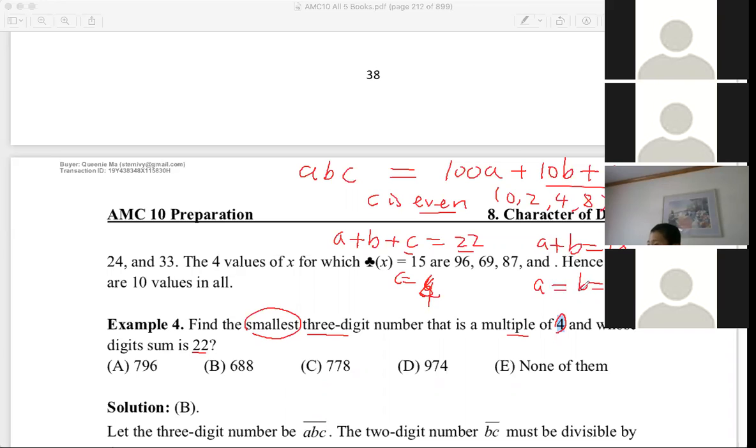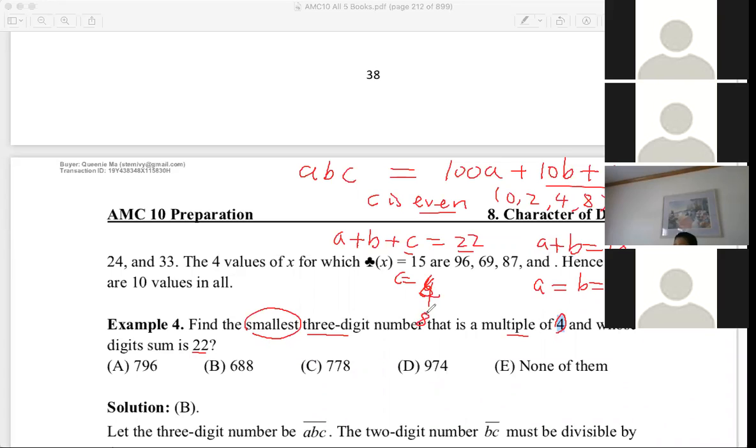Then that's only one choice, A and B equal 9. But then that number 994 does not satisfy the requirement. So now let's see, if C equals 8, C cannot be less than 6. 4, that's too small. So the only choice for C is 8.